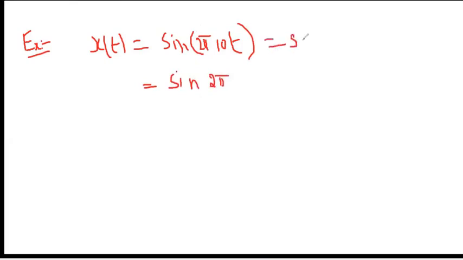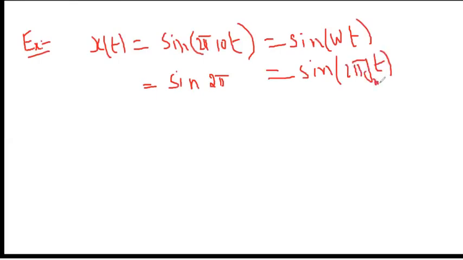You can compare this function with sine omega t, and write omega as 2 pi fm. Fm is 10, into t. What is the maximum frequency for the sine function given? The 10 hertz only. Don't write it as kilohertz, my dear students. 10 hertz for the x of t signal.